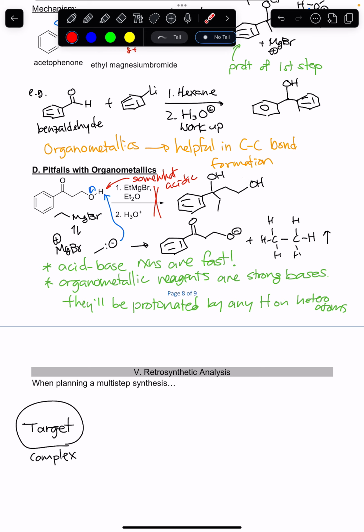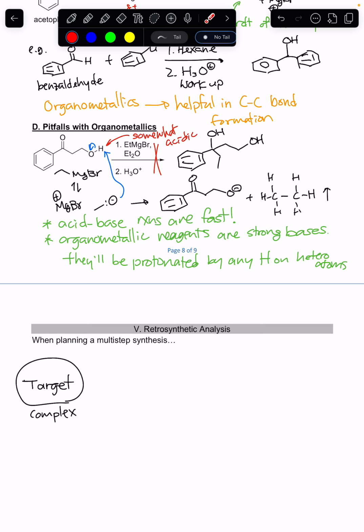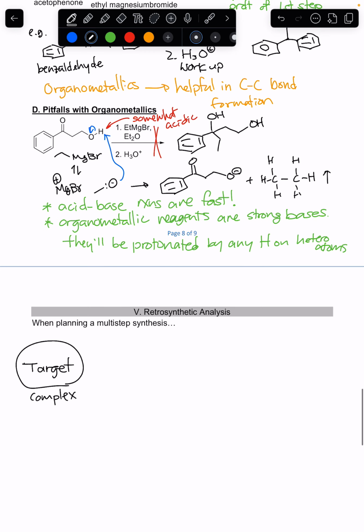That's the forward thinking. You want to think backwards to design a synthesis. If you start back from a complex target, maybe this could be formed by two different less complex molecules, and then combine them together.